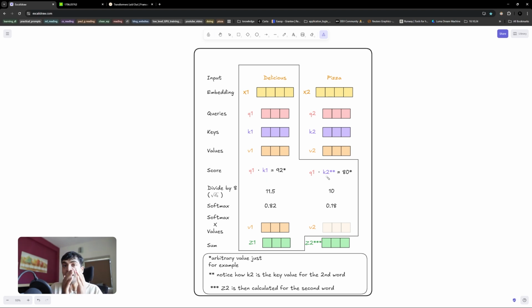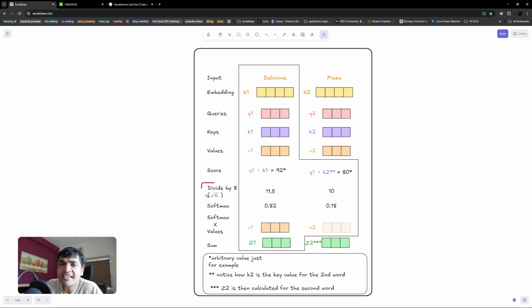So each query is multiplied by all the keys present for the entire sentence. So if it was delicious pizza from Havana, it would be Q1 multiplied by K1, Q1 by K2, Q1 by K3, and Q1 by K4. And now we divide that by the square root of the dimension of the key vector, and that gives us these values.